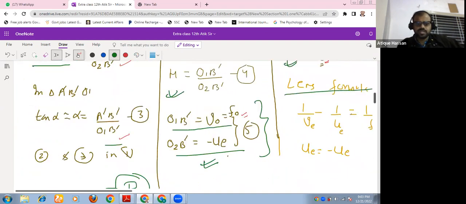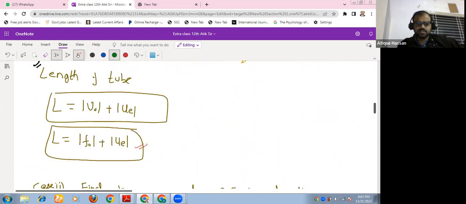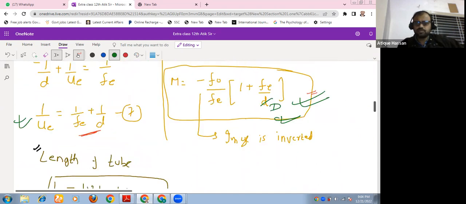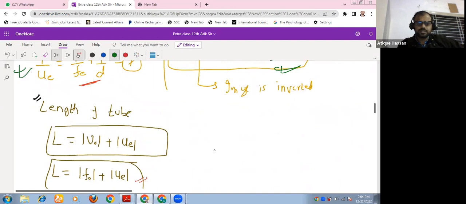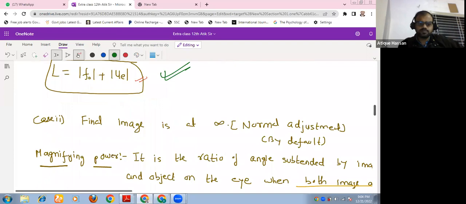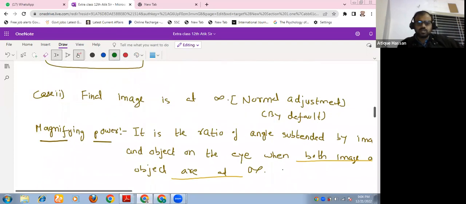And obviously you have to take magnitudes, right? So length of the tube of the telescope will be f naught plus fe. Understood? We will use this formula to find the length in the examples also.